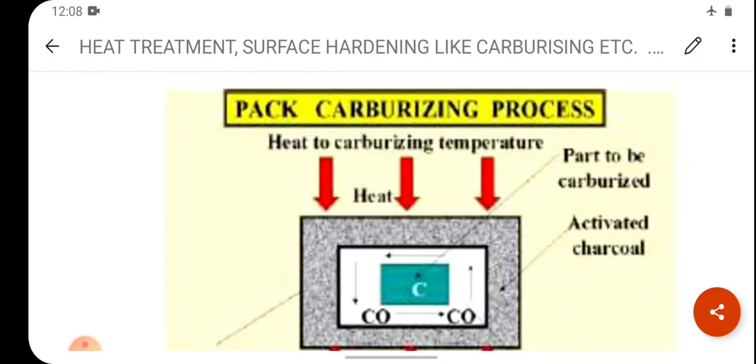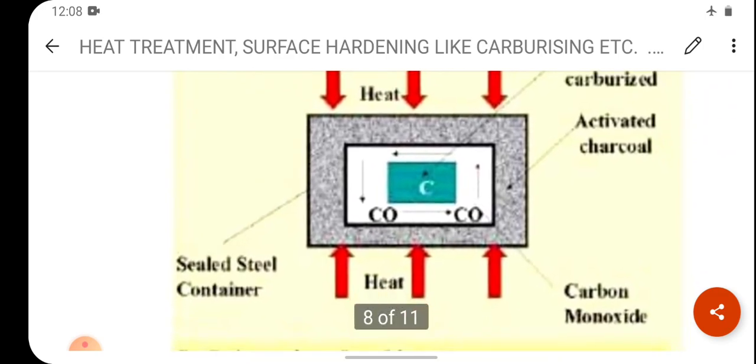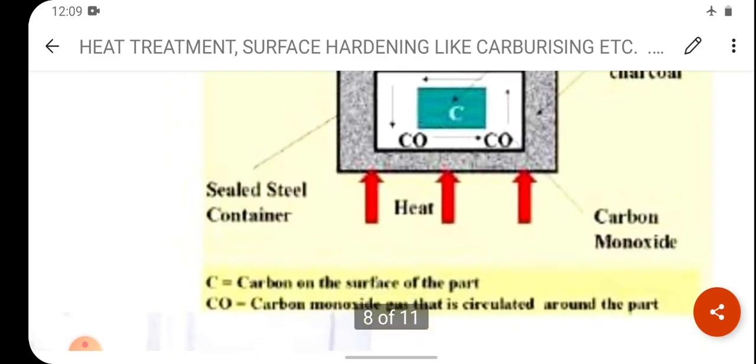This will absorb carbon. This is a sealed steel container in which heat is supplied, and CO is carbon monoxide. C is the carbon on the surface of the part, and CO is the carbon monoxide gas that is circulated around the part.